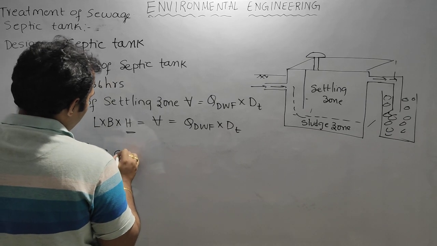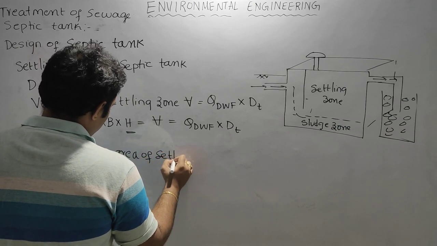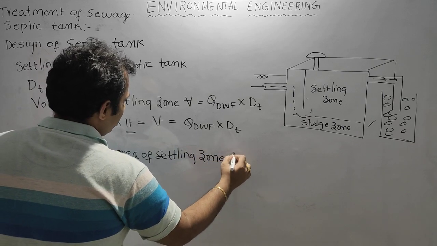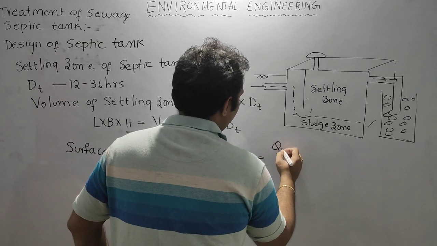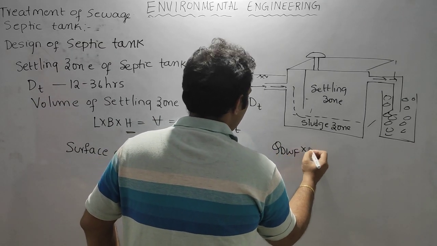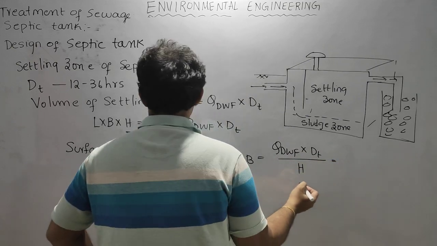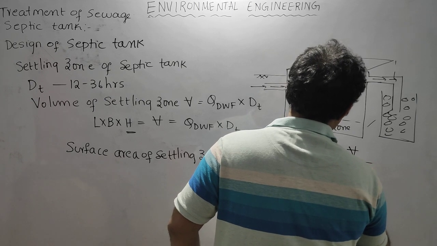Surface area of settling zone, that is L into B, is equal to Q dry weather flow into dt by H, or else volume by the depth of liquid.